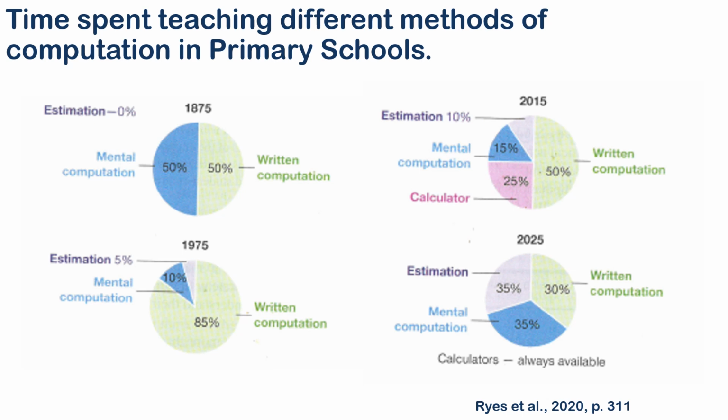Mental computation has dropped because we're using calculators to support that, and we're increasing our understanding of the ability to use estimation. And then coming on to modern times, not quite today, but the future, it's looking like that'll be divided pretty much equally, 1/3 estimation, 1/3 mental computation, 1/3 written computation, because we'll always have calculators available across any of those three things.